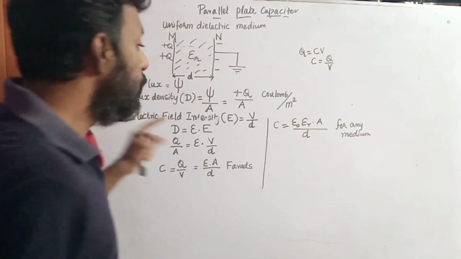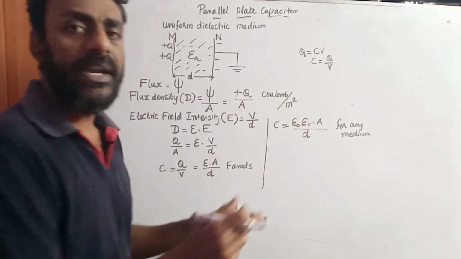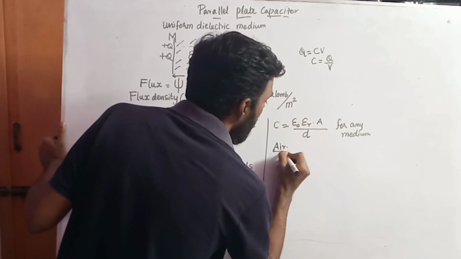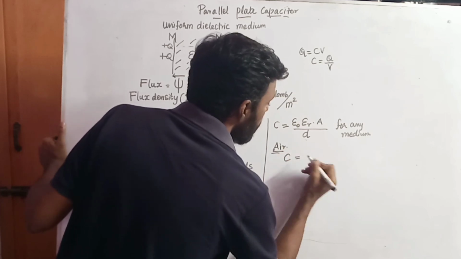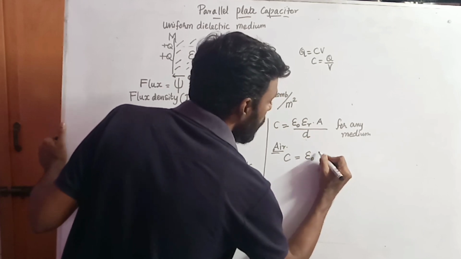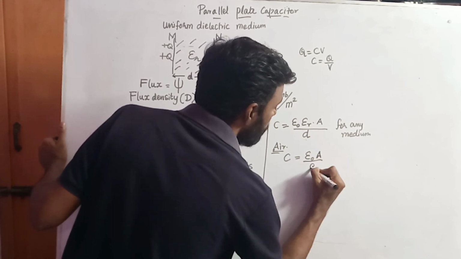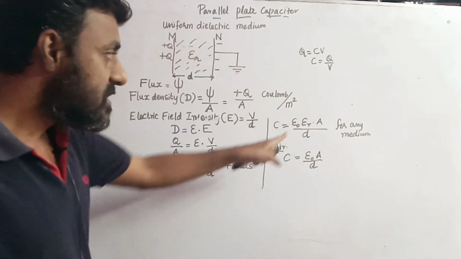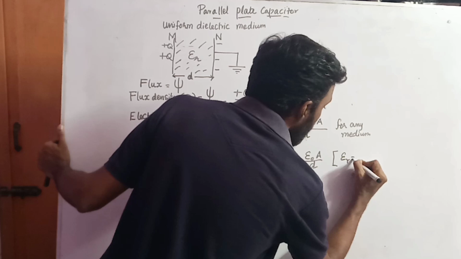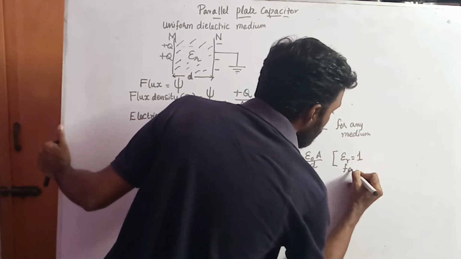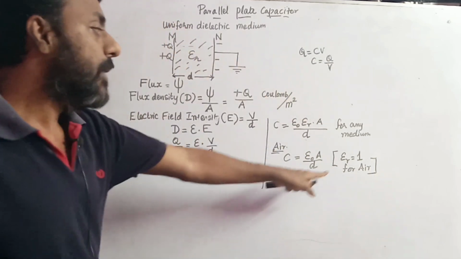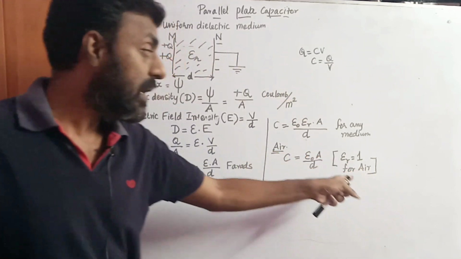If the dielectric medium is air, the value of capacitance will be C equal to epsilon naught into A divided by d. Why? Because for air, epsilon R, the relative permittivity, is 1.